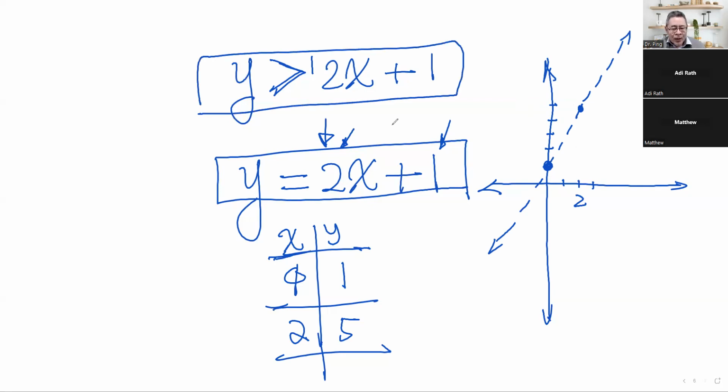So for example, when x is 1, this line tells us y is 3, then y can be any point above it that satisfies this inequality. So we basically just shade them. It doesn't matter how you do it.